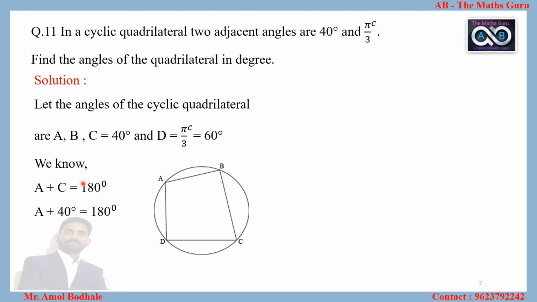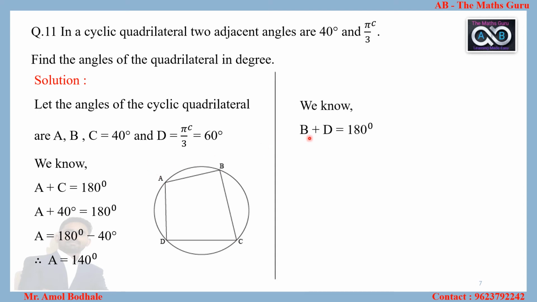So let's put the value of angle C, which is 40. Therefore A plus 40 degree equal to 180 degree, A equal to 180 minus 40. So A equal to 140 degree. Similarly we know B plus D equal to 180 degree, and here D is 60 degree, so B equal to 180 minus 60 degree.